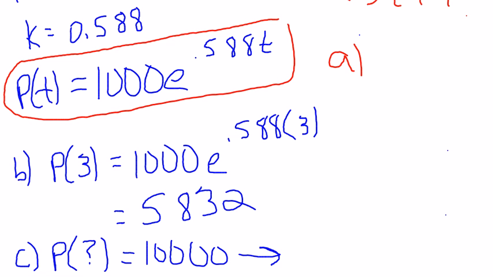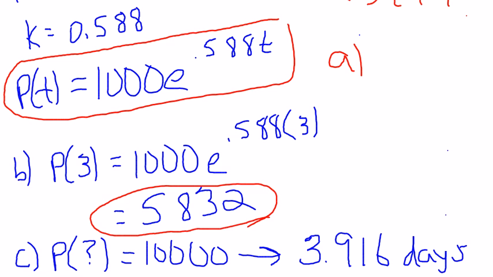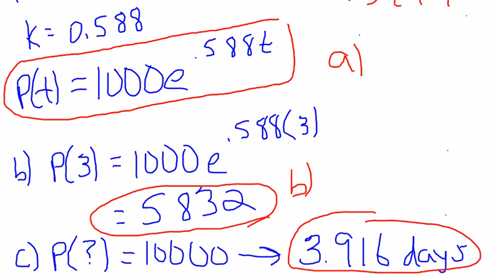This is using the stored variable. I get 3.916 days. That's rounded here, but using the stored variable in the calculator to get to it. So I will circle our answers. That's the answer for B. And that is the answer for C.